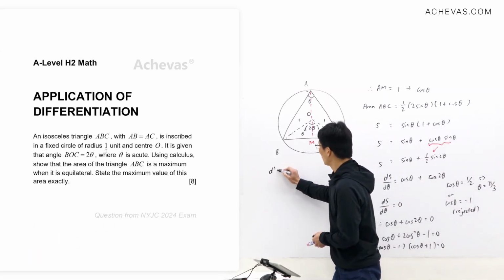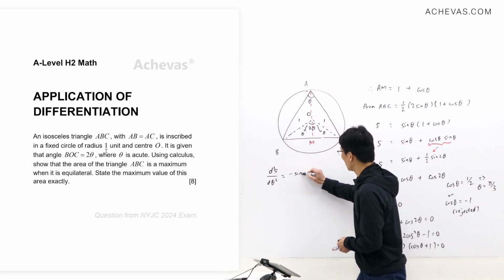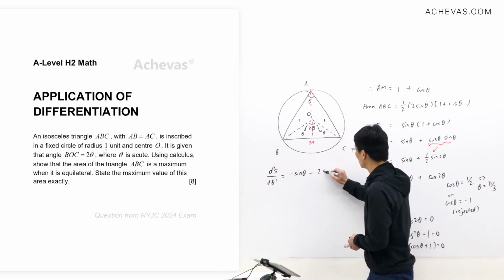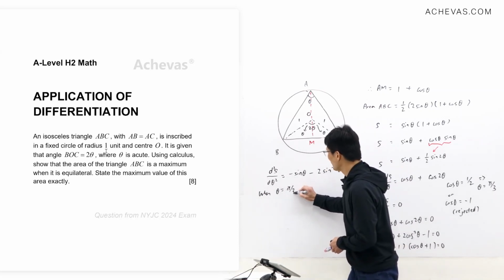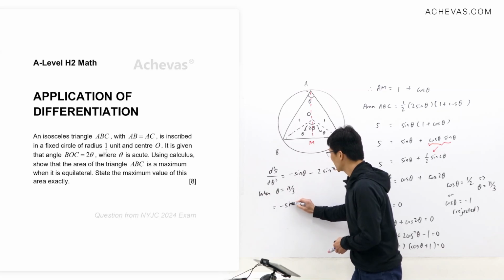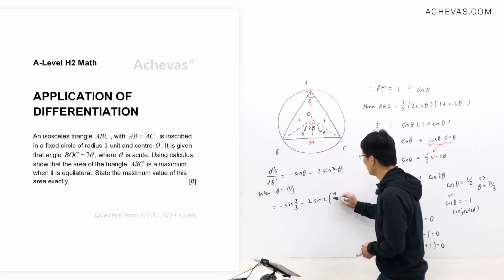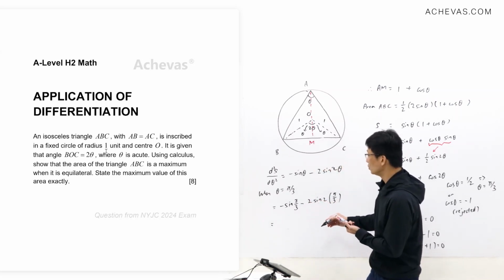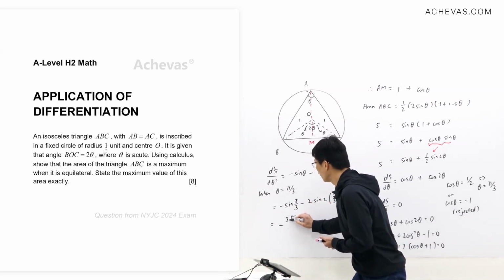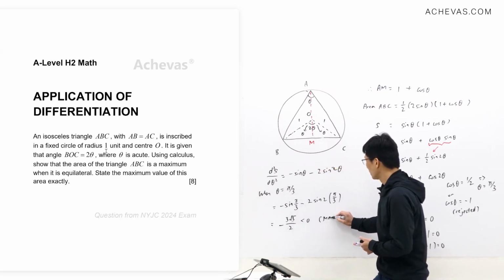I get d squared S over d theta squared equal to minus sine theta minus 2 sine 2 theta. Subbing in theta equals pi over 3, I get minus sine pi over 3 minus 2 sine 2 pi over 3. Evaluating this result, I get minus 3 square root 3 over 2, which is less than 0. So therefore, it's a maximum.